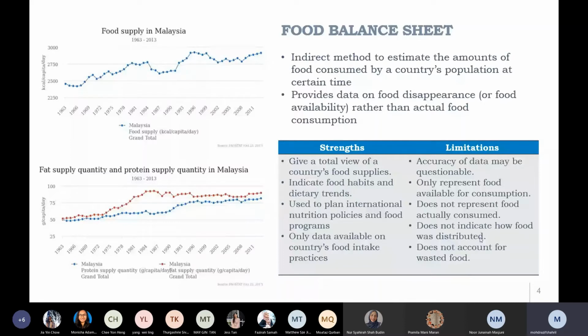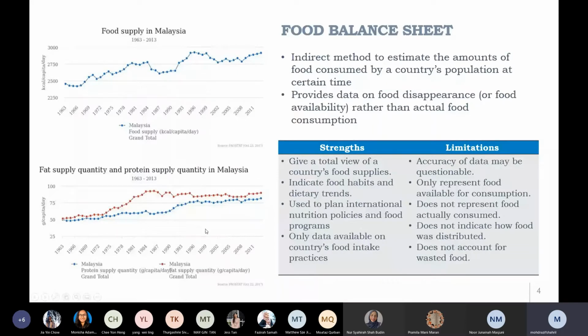We must also acknowledge that this is the only data available on a country's food intake practices. As a whole, as a country, this is the only data available to see the trends of intake between a period of time.